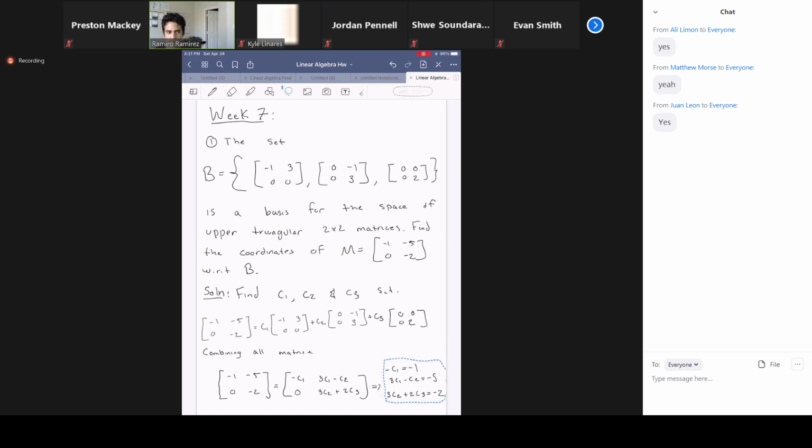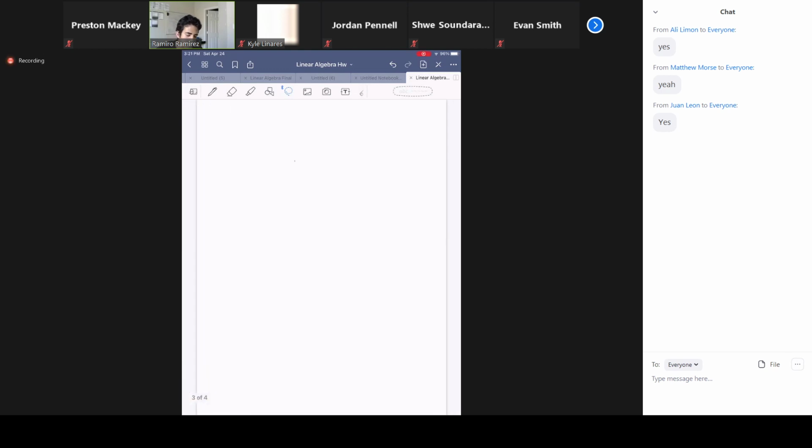So let's do that. Let me expand this a little bit. From here we can find that C1 is going to equal 1. And then from there, C2 is going to equal what? Well, this will be minus, so it'll be 8.